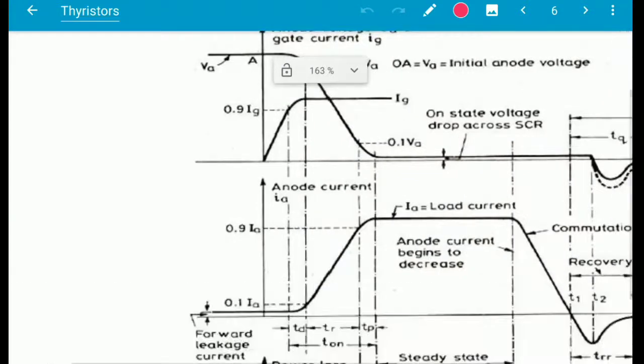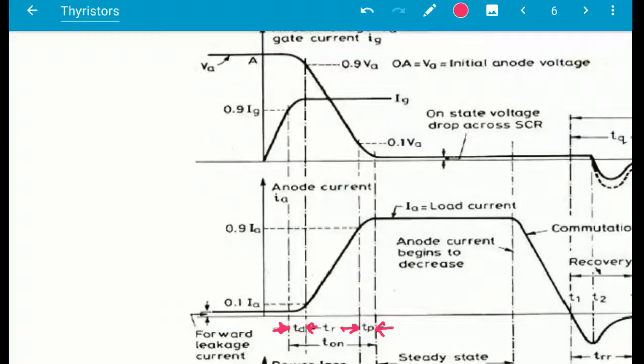This is TD, that means delay time, and everything has its own definition. TD has a definition, TR has a definition, and TP also has a definition. Here TP is the spread time, TR is the rise time, and TD is the delay time.